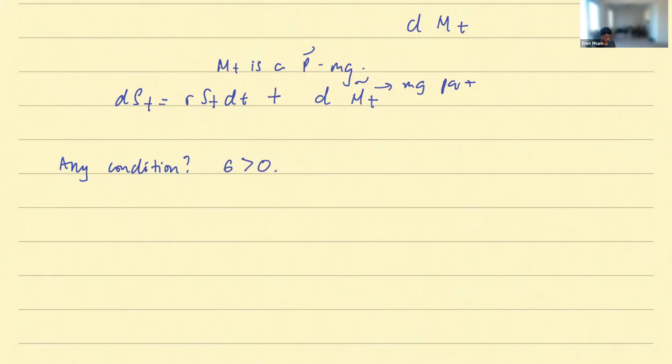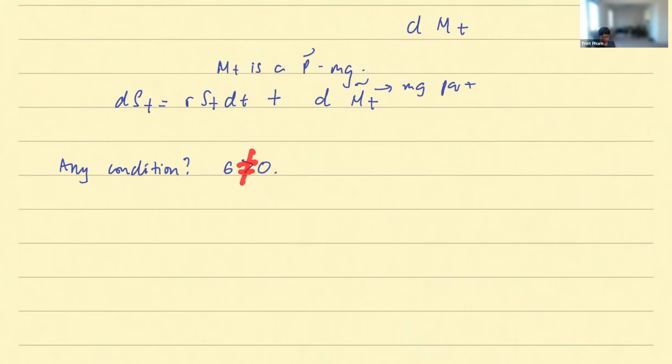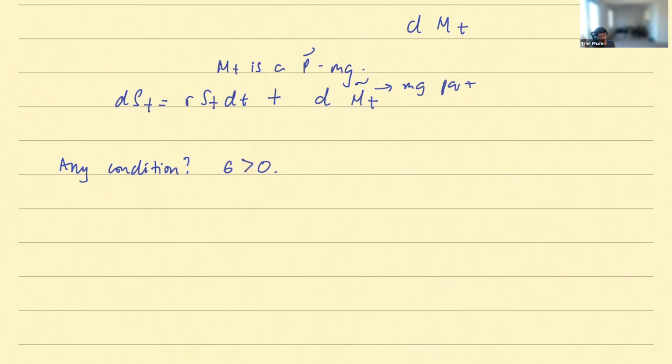You can do sigma non-negative, but traditionally sigma is positive. So basically sigma cannot be zero. Why is this so? What happens if sigma equals zero?